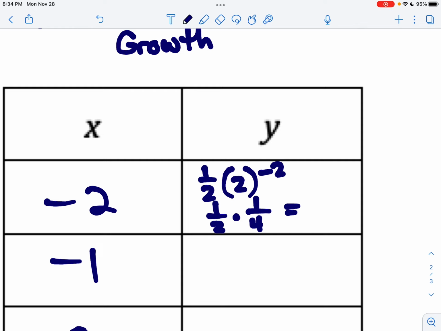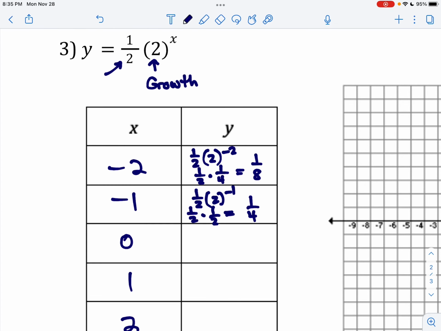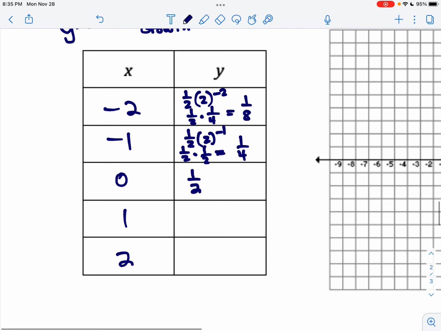So this is going to give me 1/8. 1/2 times 2 to the negative first, which is 1/2 times 1/2, which is 1/4. 0, I know is a half because that's my y-intercept here at the top. 1/2, 2 to the first is just 1, because 1/2 times 2 is 1.